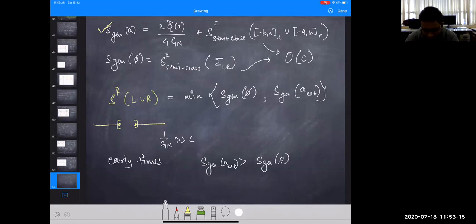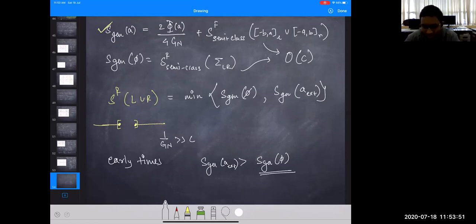Okay, so now we know that in the minimization problem, at least at early times, S generalized of the null set wins. I'll stop for a minute for you to grasp this, but all I'm trying to say is that S generalized of the non-trivial Ryu-Takayanagi surface A has a 1 over G Newton piece and a time dependent piece, but the time dependent piece is order c.